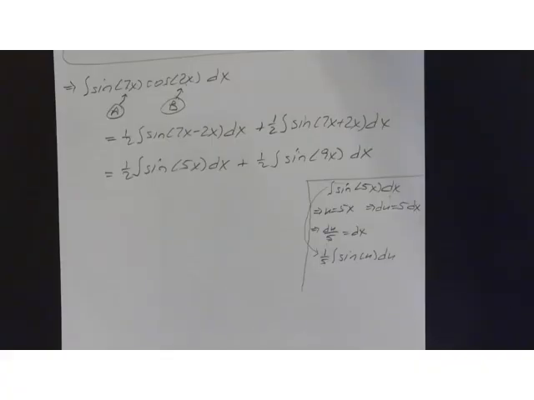So we know the integral of sine is negative cosine. That gives us 1/5 times negative cosine of u plus c.